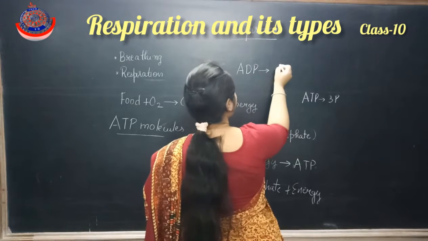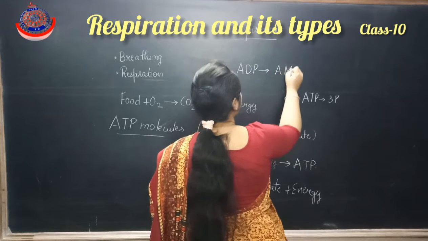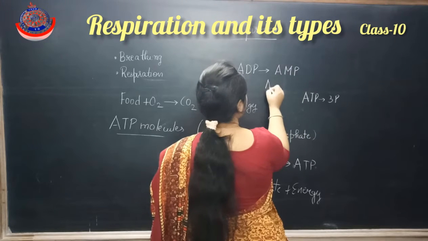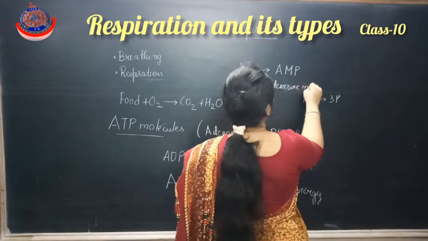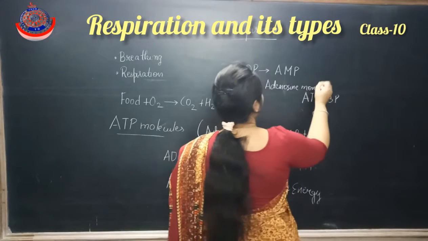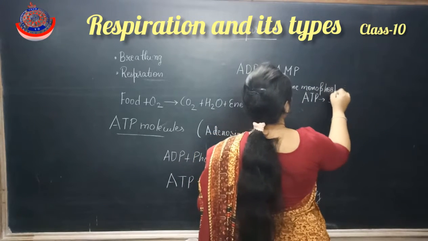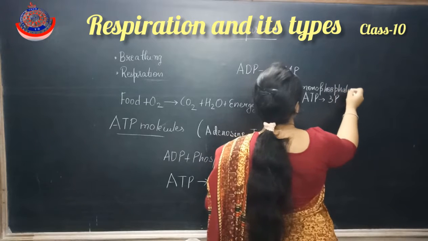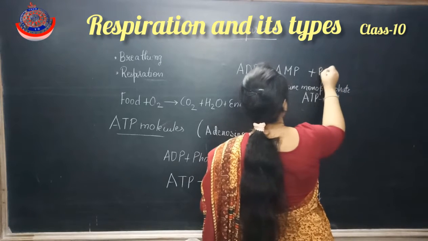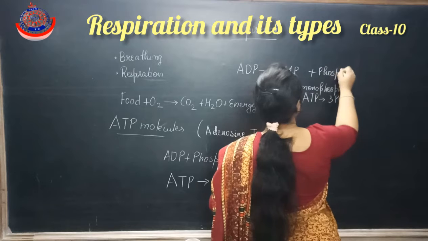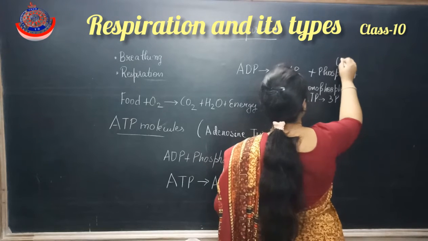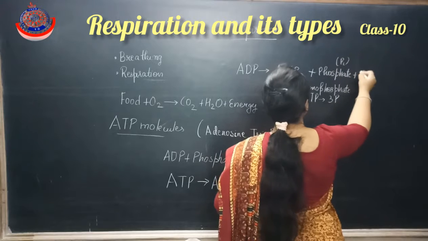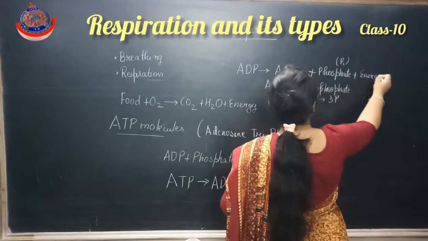When ADP breaks down, it forms AMP, that is adenosine monophosphate, plus one inorganic phosphate, plus energy.